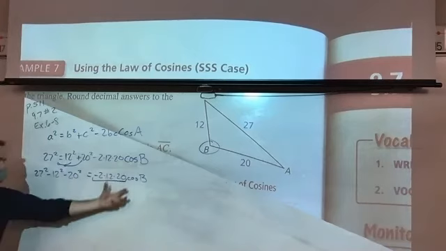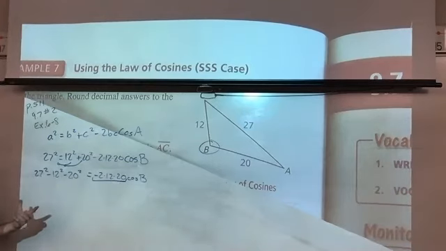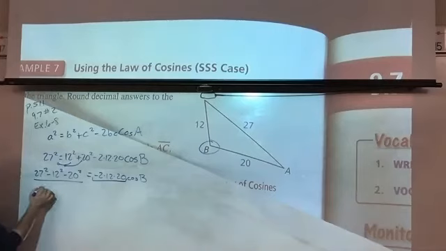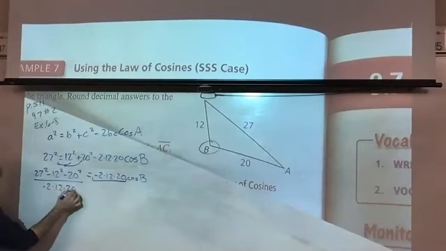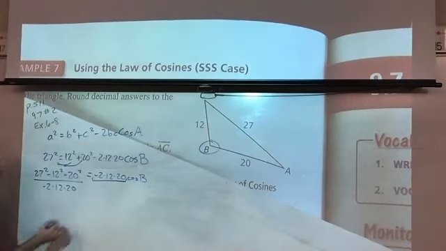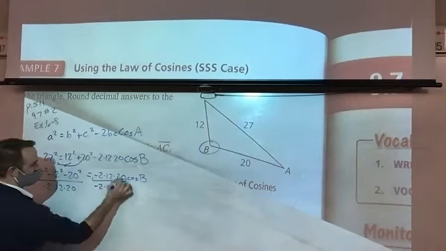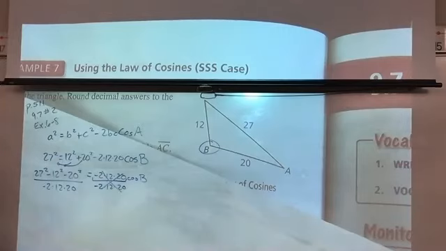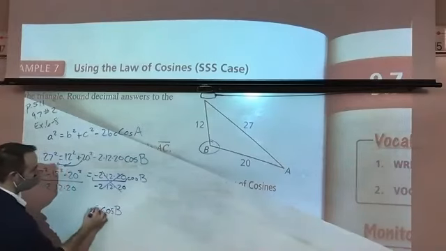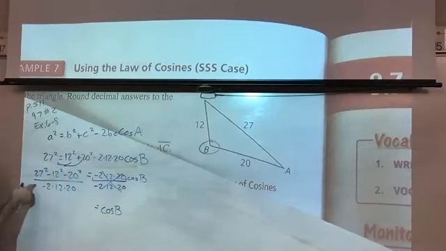Division. So I need to divide on the other side. So I'm going to divide by -2 times 12 times 20. And when I divide by that, that's going to cancel out over here. So now I have cosine of B by itself is equal to this whole thing.